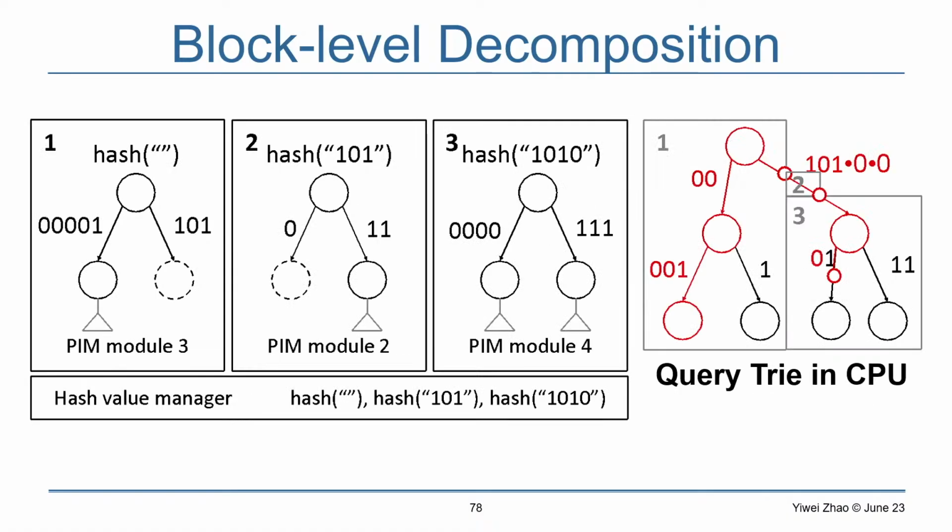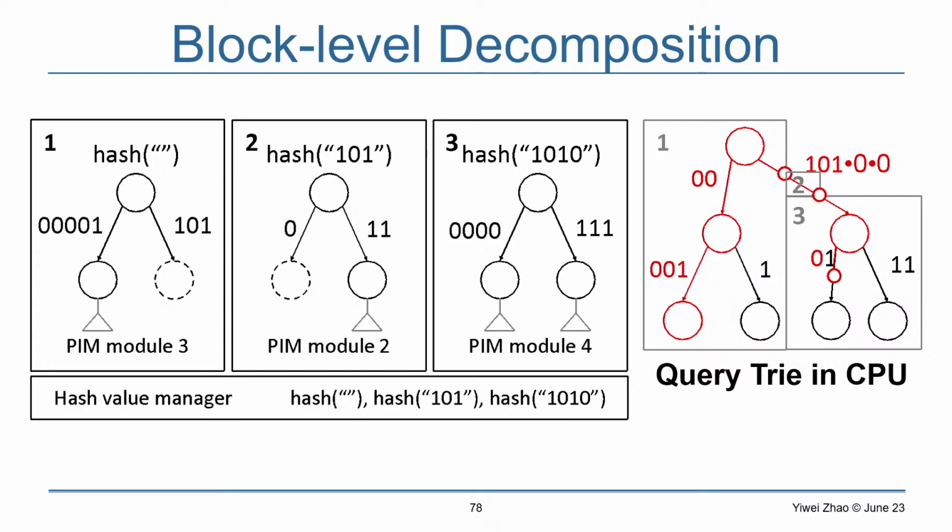And how do we do trie matching? We have these split positions at the root, at 101 and 1010. And we want to split in the exact same way for our query trie. So we split here at 101 and split here at 1010. So we get 3 blocks, and then we can solve these blocks separately in parallel.